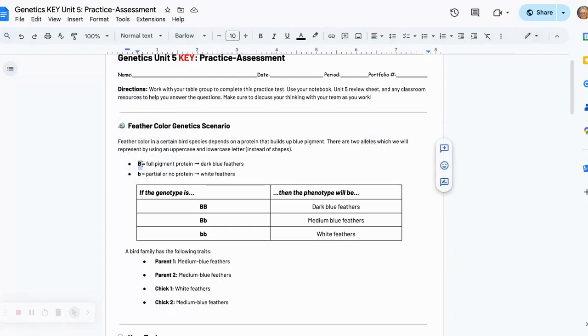If the allele is for a full protein, then the bird will have dark blue feathers. If the allele is for a partial protein or even sometimes no protein, it can result in white feathers.